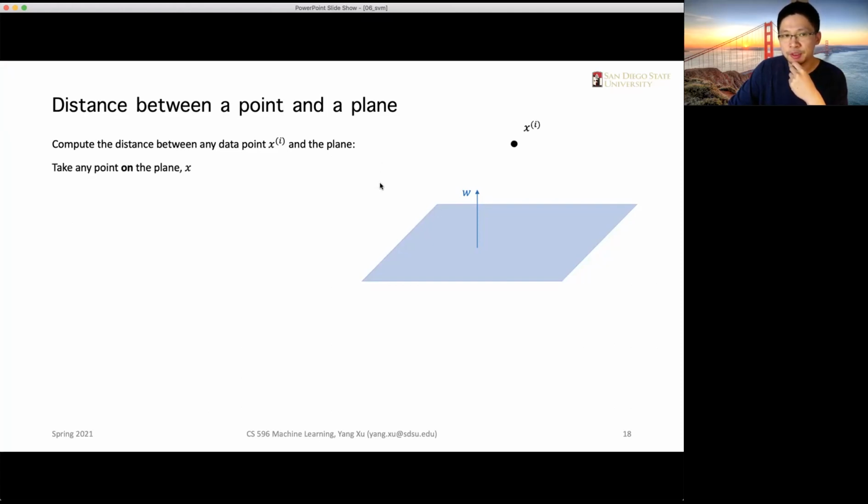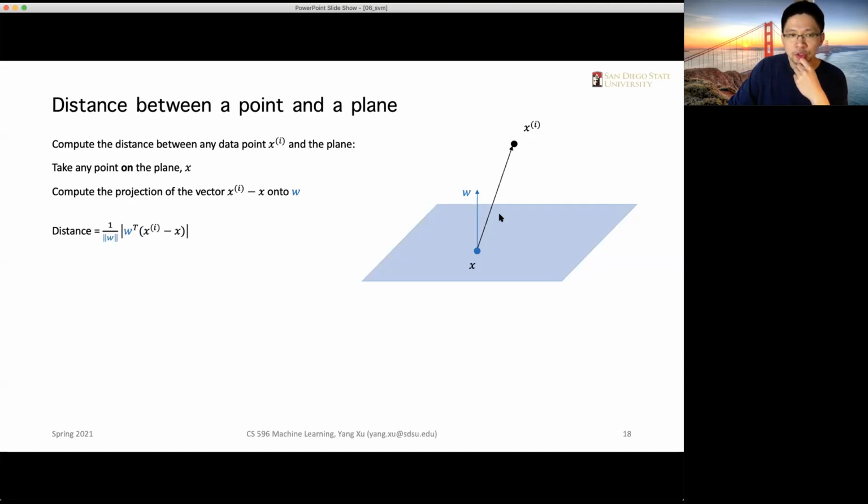For any data point, we want to project from that point onto the vector W. W is the vector that is perpendicular to the plane, and the plane is also defined by W. So the W's are the parameters that define the decision boundary.